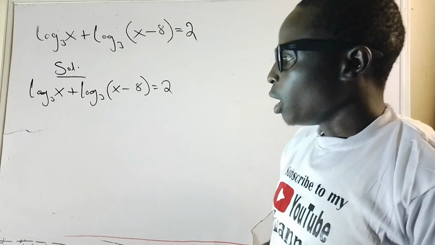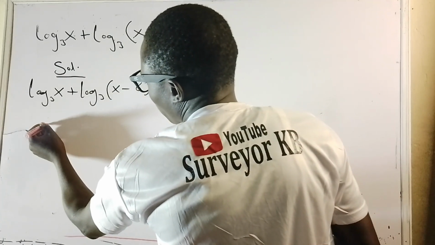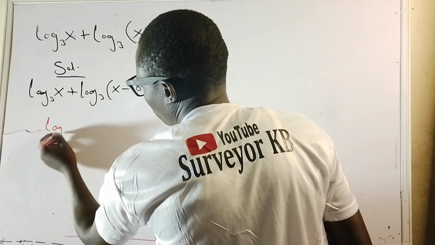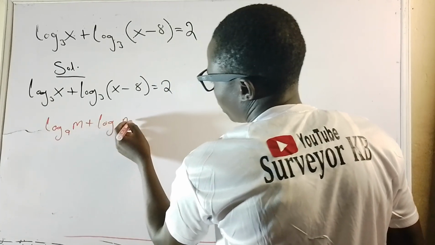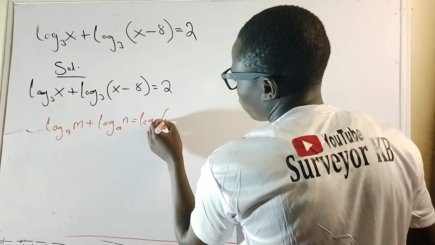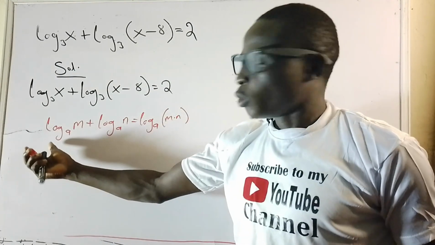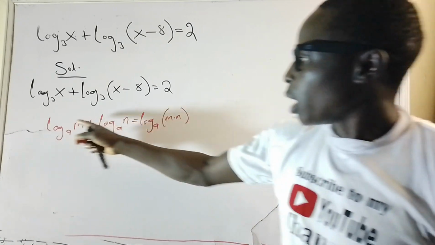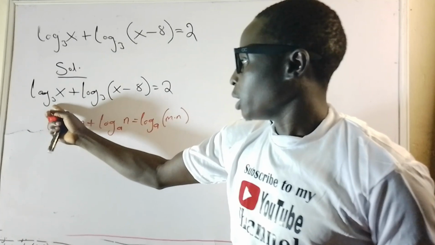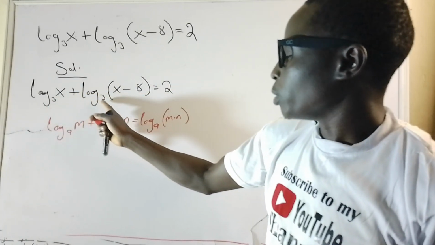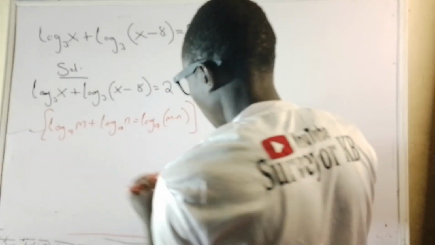Let me refresh our memory. In the laws of logarithms, one law says that when I have log to base a of m plus log to base a of n, it is the same thing as log to base a of m multiplied by n. So if we apply this principle, it will help us in solving log to base 3 of x plus log to base 3 of (x minus 8).